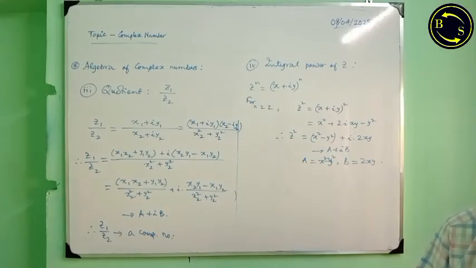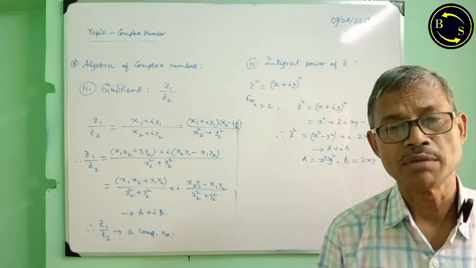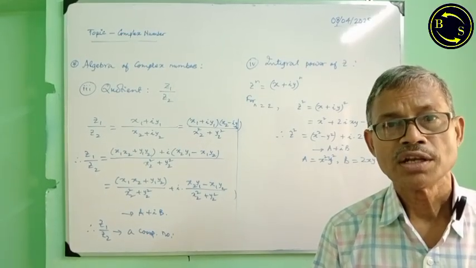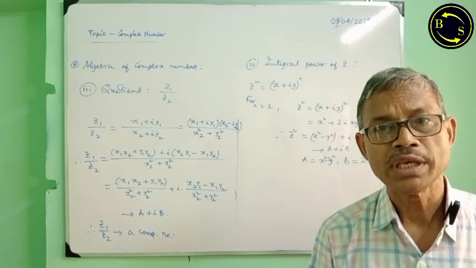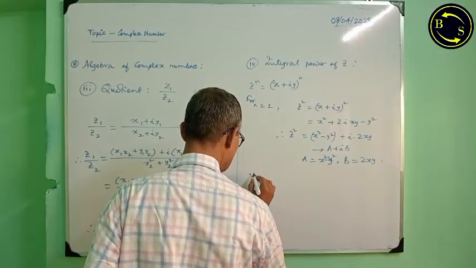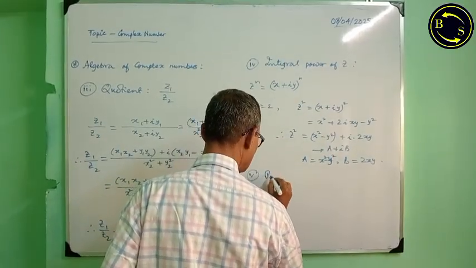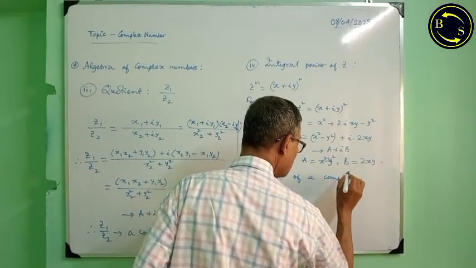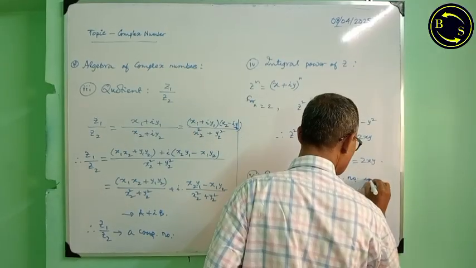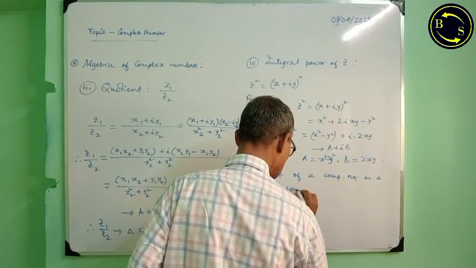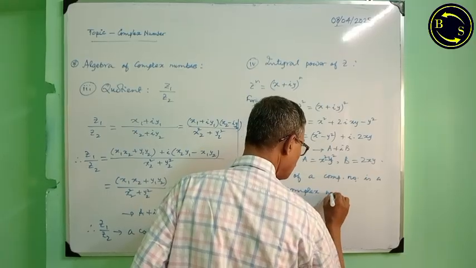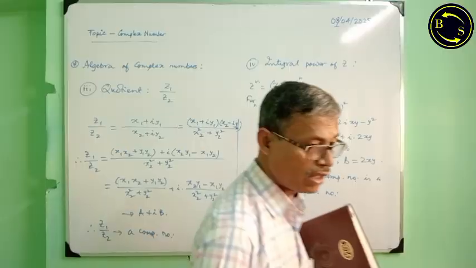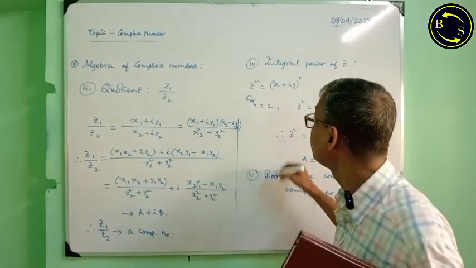Next one is if we take root of a complex number. That means square root, cube root, fourth root, etc. The newly formed number will also be a complex number. These are also called properties.